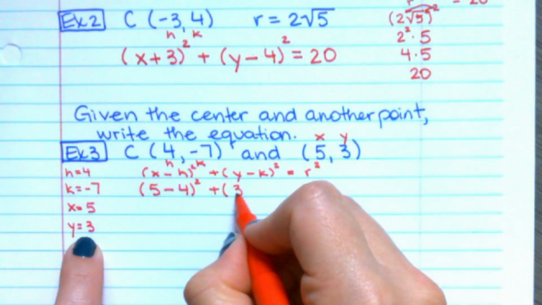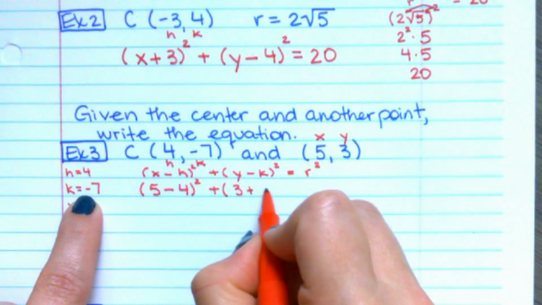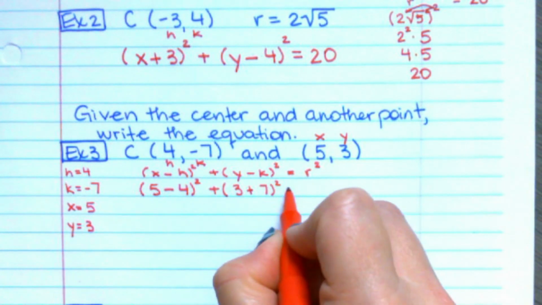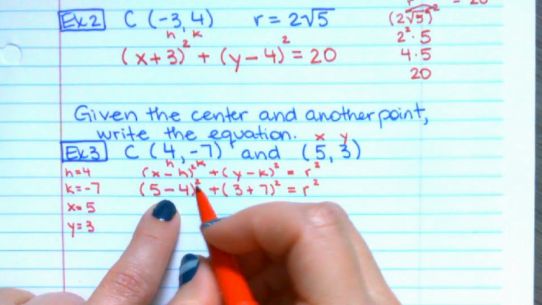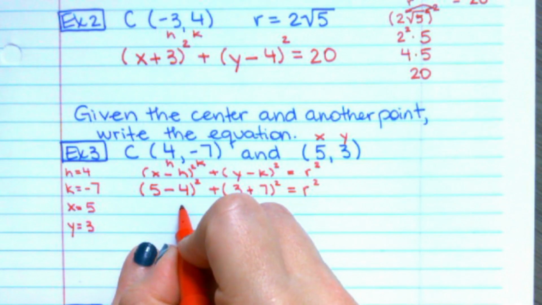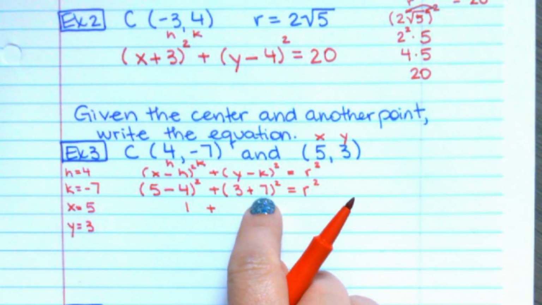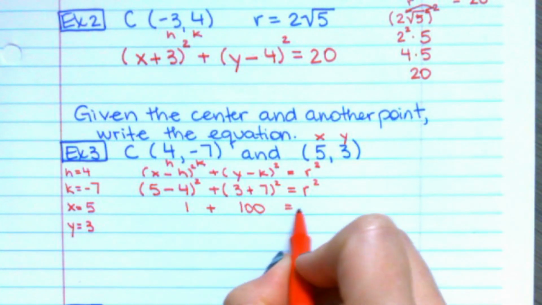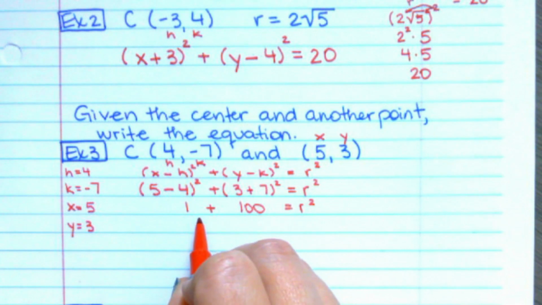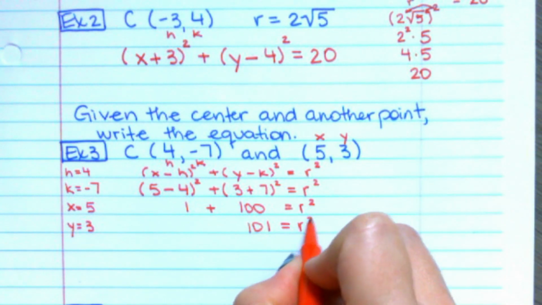Y is 3 minus K. K is negative 7. So plus 7 squared equals R squared. 5 minus 4 is 1. 1 squared is 1. Plus 3 plus 7 is 10. 10 squared is 100. Equals R squared. 1 plus 100, 101. R squared.